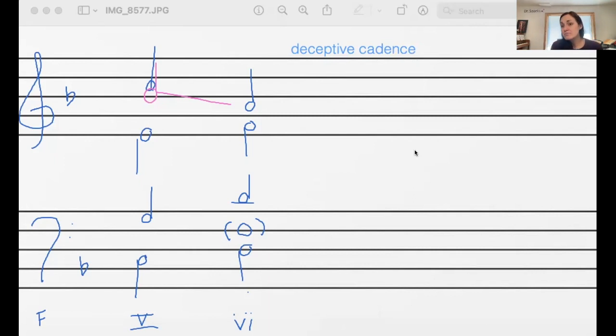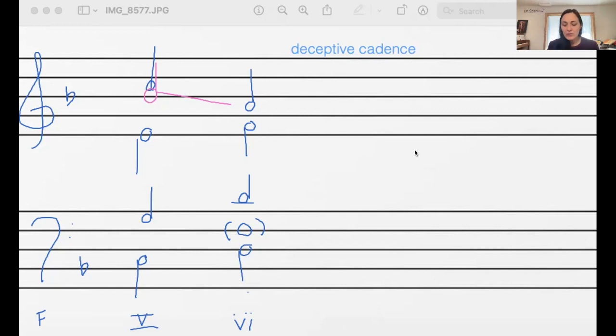Might be a comma, or a semicolon, if it continues on. You can think of it that way as well. Some people like to think of the half cadence as a comma and the deceptive cadence as a question mark. However that speaks to you is fine. Of course, it's not a direct analogy or anything like that, but it does take on that feeling sometimes in real music.